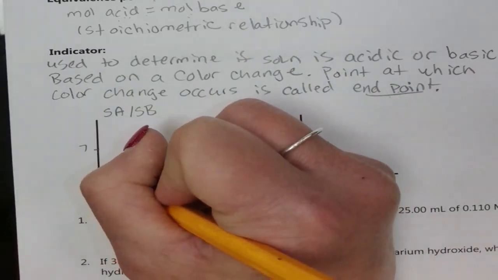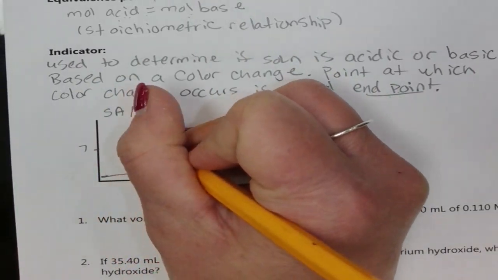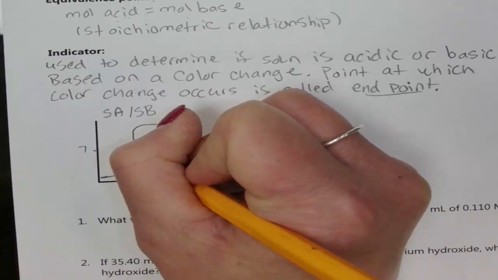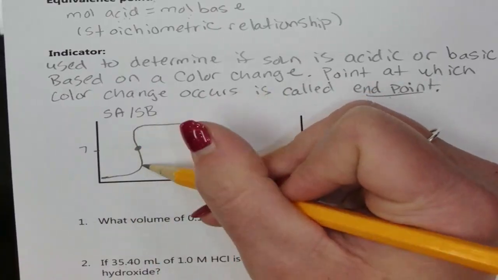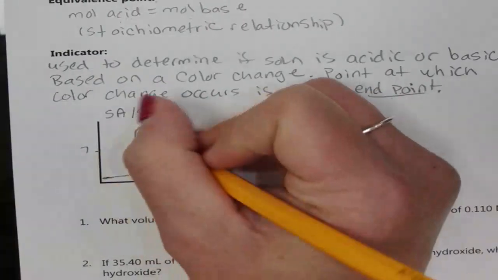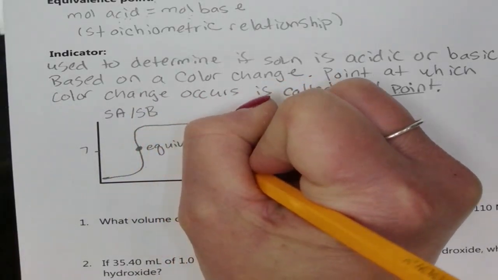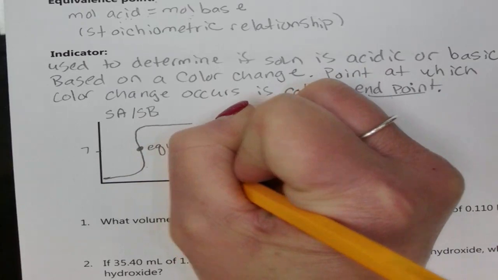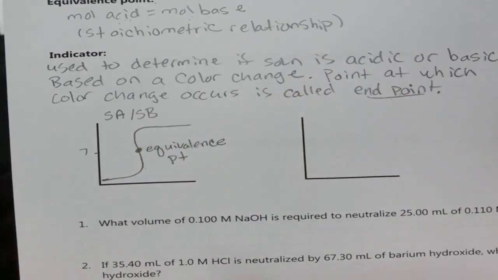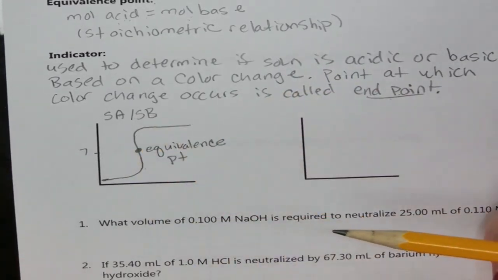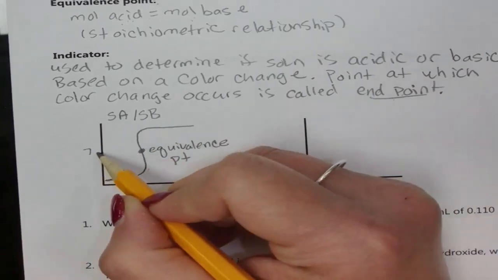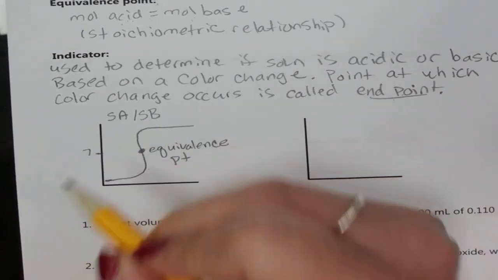We're going to end up with a graph that looks like this, where the center of this line is what we call the equivalence point. All right. And when a strong acid and a strong base are added together, the equivalence point always has a pH of 7.